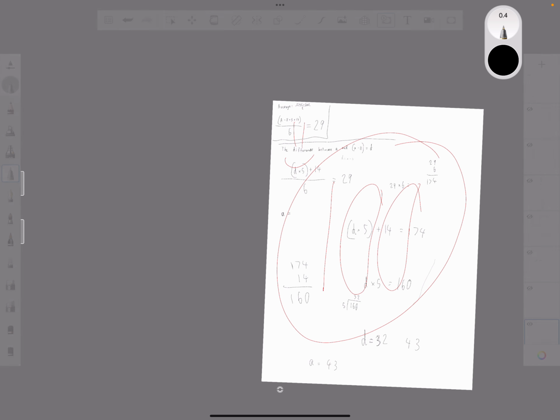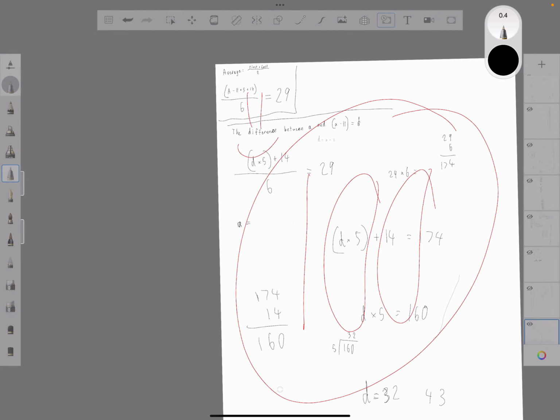Does that make sense? How do I do it? D times 5 plus 14 divided by 6. So I'll start with this one.